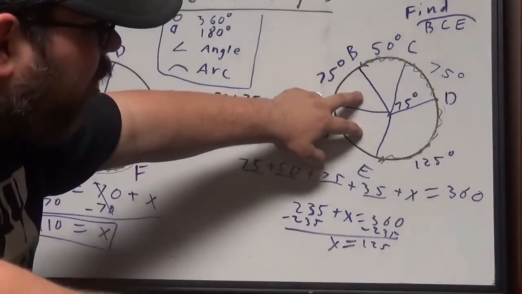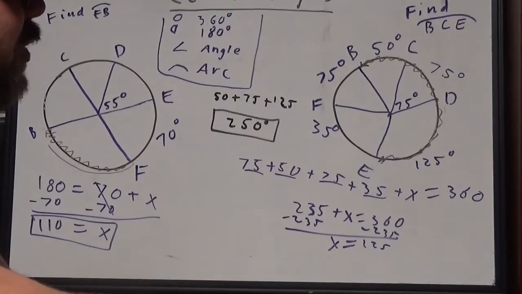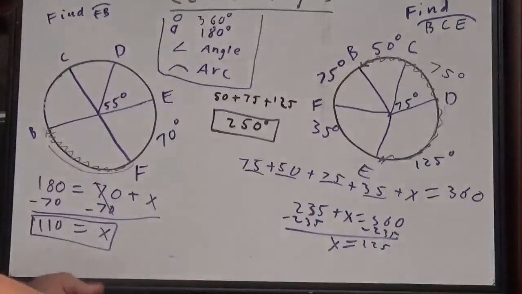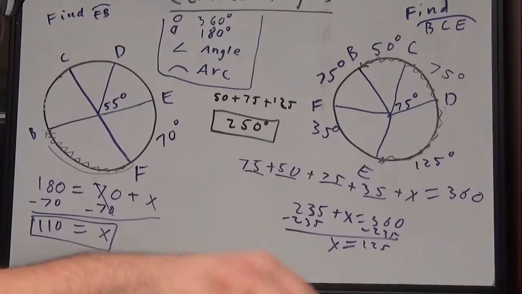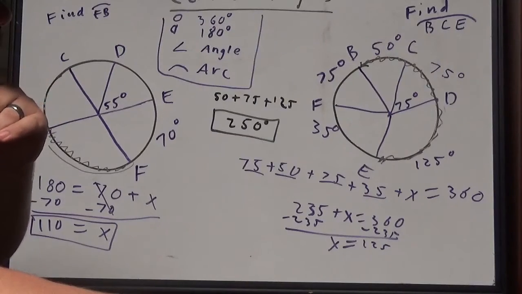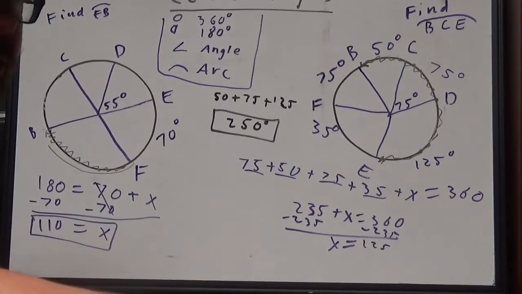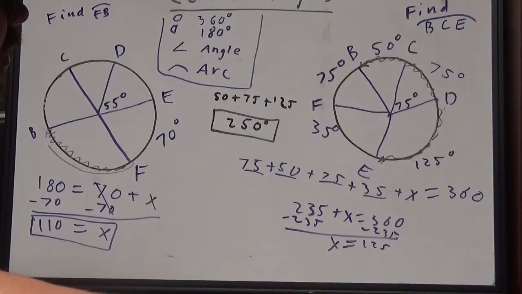This one looks harder. It's not hard, it's just more time consuming. If you can fill in every piece of information on your circle, you're going to be able to solve the problem without much issue. It could be time consuming, but it shouldn't be hard. But hey, if it is, it just takes practice.